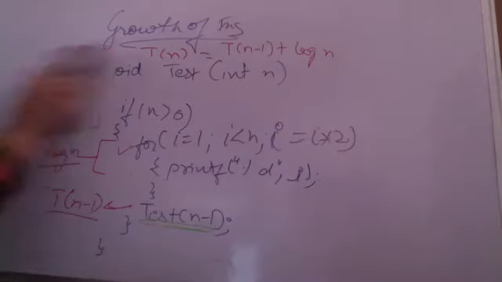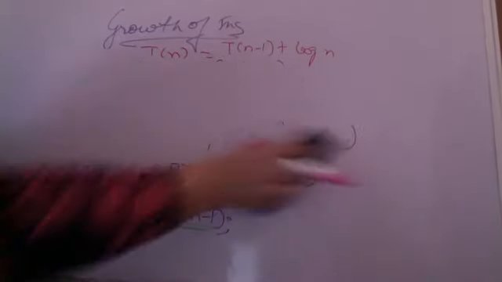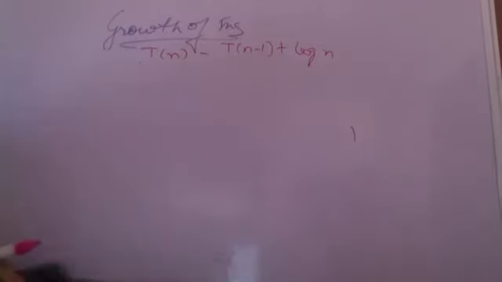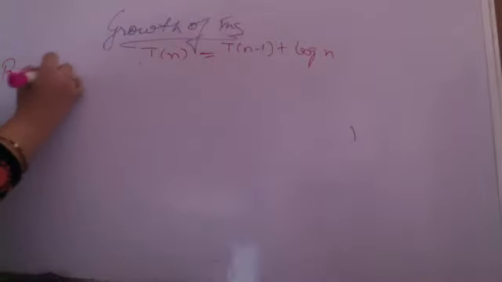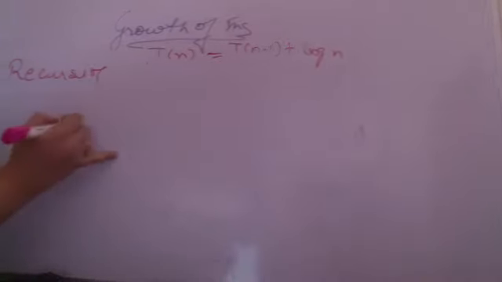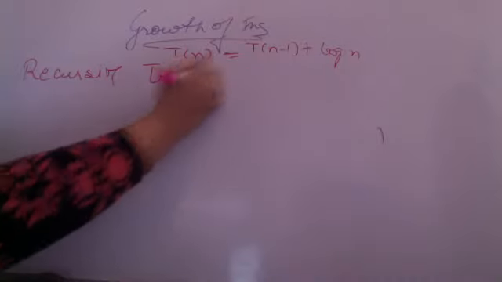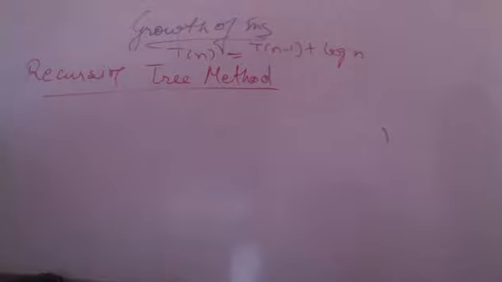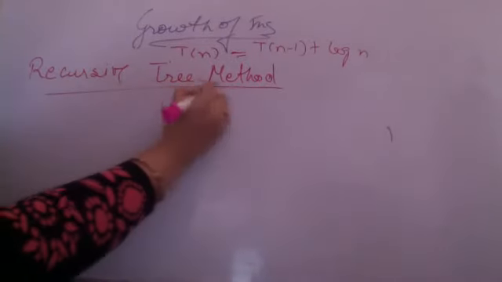Anybody with any doubt can still ask, or else we will try to solve this using a new method, which is known as the recursive tree method. What happens in a recursive tree method is, now I am having T(n).